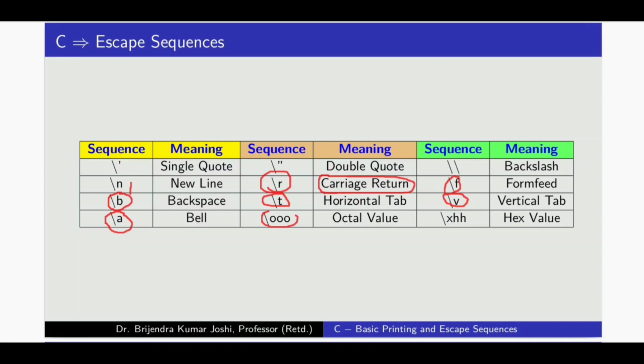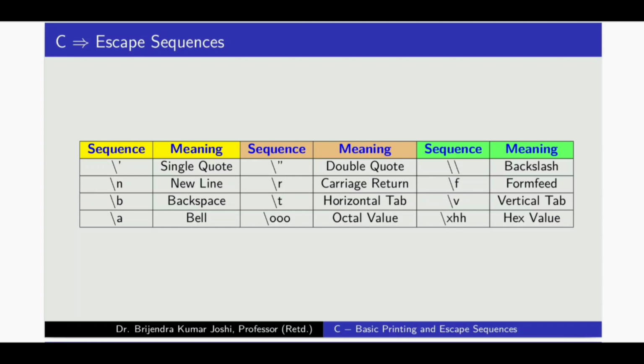And this sequence \ooo tells me there are 3 octal digits. We'll see its example a little while from now. And \xhh is a hexadecimal digit code. Okay, so these are a few escape sequences which are all supported by the C programming language.